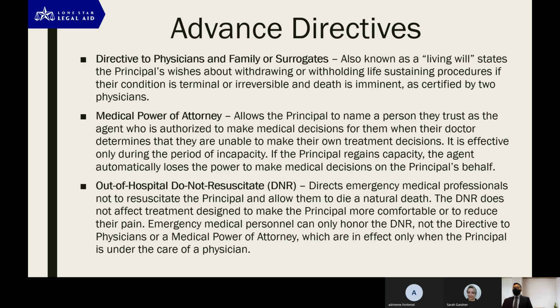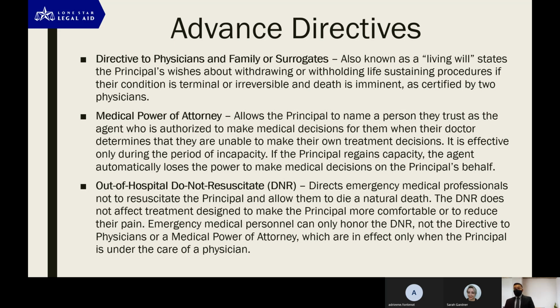So if you are drafting one of these advanced directives to your physicians or to a family member, you want to make sure if you're giving that decision to a family member, it's to somebody that you trust and will carry out your wishes and make the decision that you want. Or if you're not exactly sure what you want that decision to be, you're comfortable with the decision that they are going to personally make.